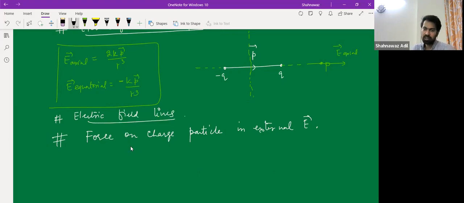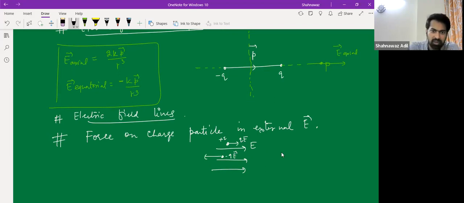And after that, we learned about this force: if this is the direction of the electric field and I put a positive charge here, it will experience force in this direction, qE. And if I put a negative charge here, it will experience the force in the opposite direction, which is minus qE.